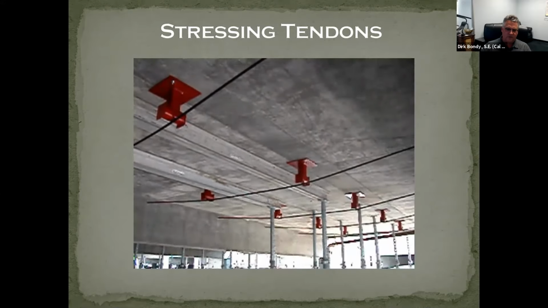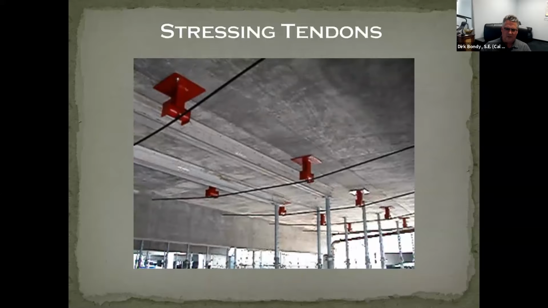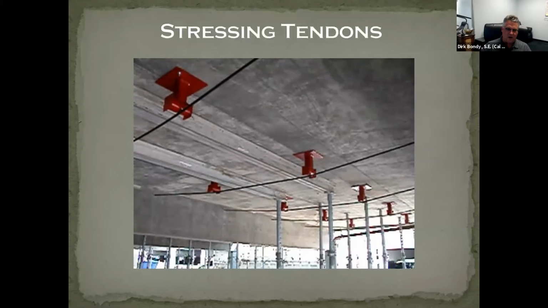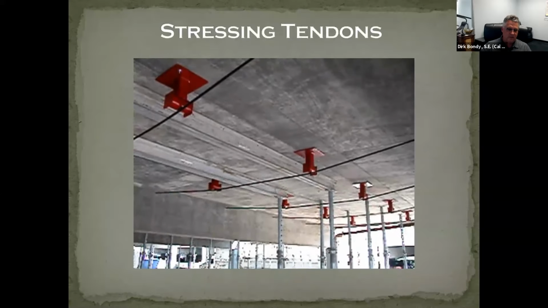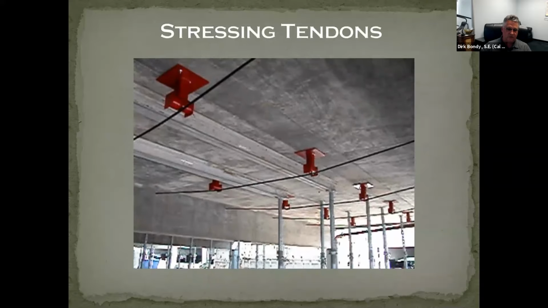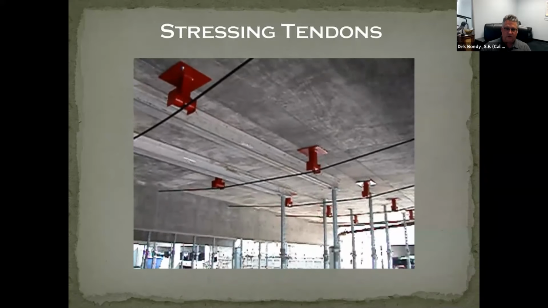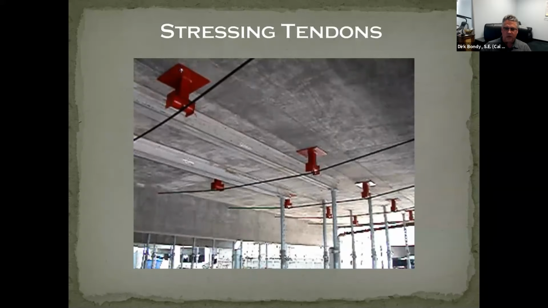But that's the stressing of a tendon. First, the slack is taken out. Then the tendon is literally stretched to get the force into it. Hard to see, but the slab is actually slightly lifting there. We could tell that the shoring was loosening as we were going through this process.